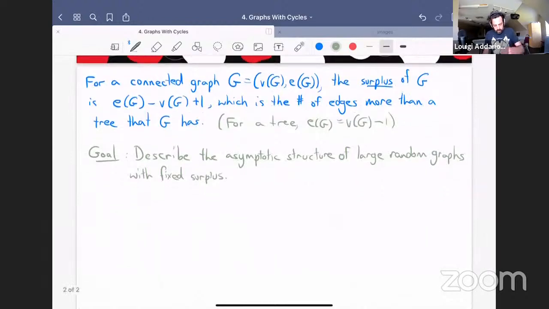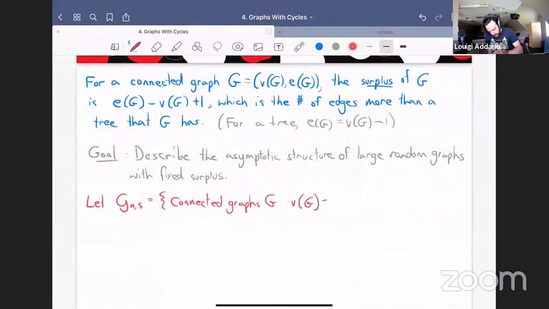So this is another uniformly random sample from a set of graphs. Before, our set was labeled trees with n vertices. In the current setting, we'll call the set G_n^s. This is the set of connected graphs whose vertex set again is the first n integers, and whose surplus, which is my notation for the surplus of the graph, is equal to this fixed value s.